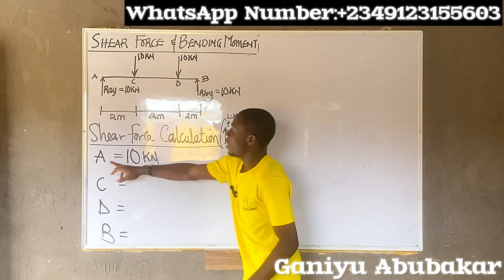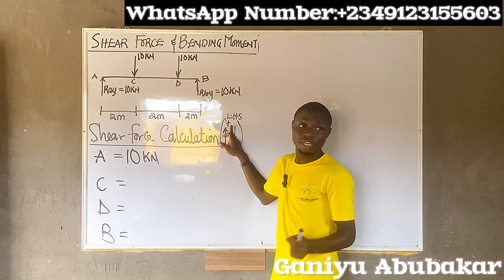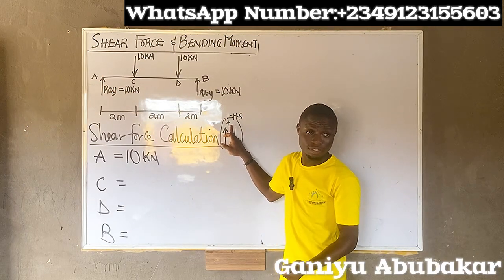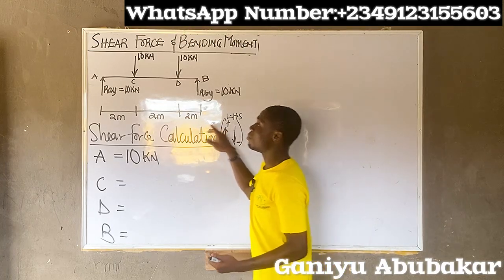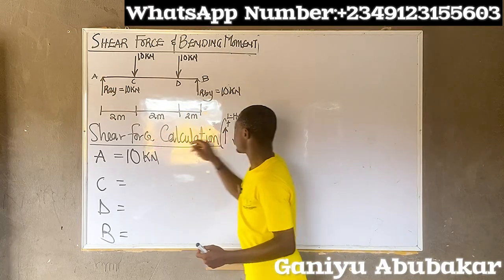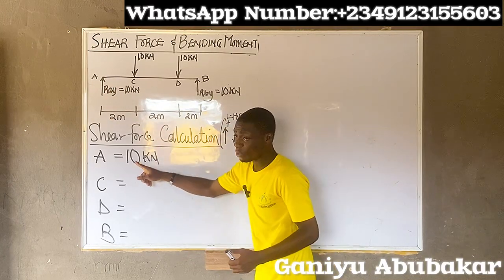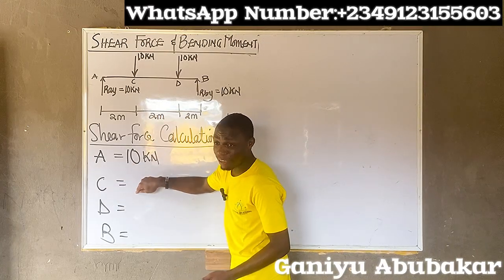We said for A, this is going up, and every up movement is positive. So I have a positive value here. Now we consider the next part. Put the value you're having down here first.